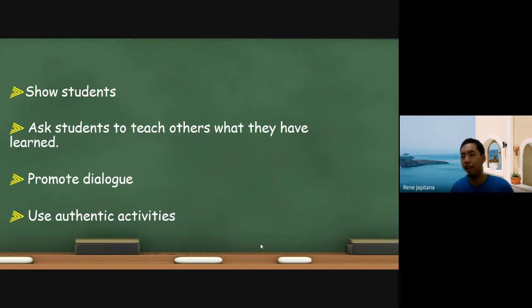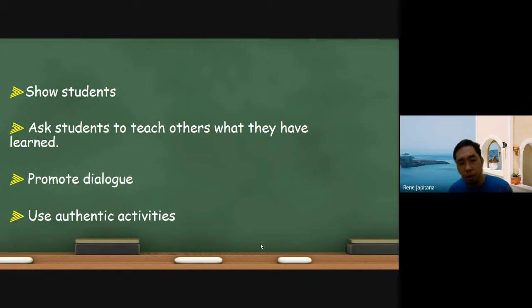This is a very challenging task of a teacher. Sometimes we always prefer simple activities like paper and pencil. That is a traditional way of giving activities, a quiz, or whatsoever that will make our life as a teacher easier.